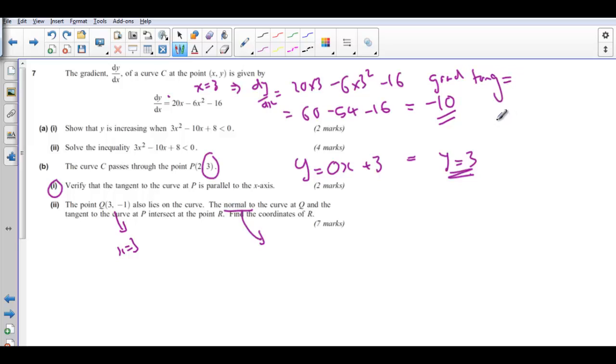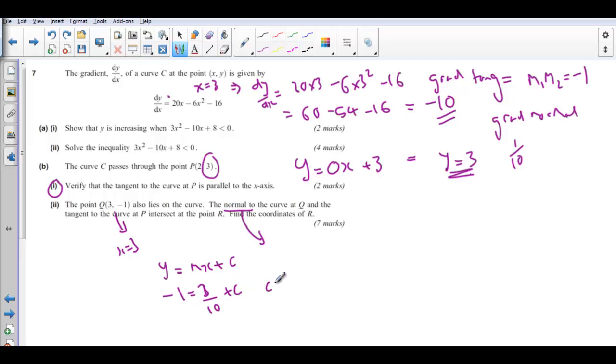equals minus 10. So the gradient of the normal, using m1 m2 equals minus 1, is going to be positive 1/10. Thinking about the equation of our normal now, y equals mx plus c becomes minus 1 equals 3 over 10 plus c.